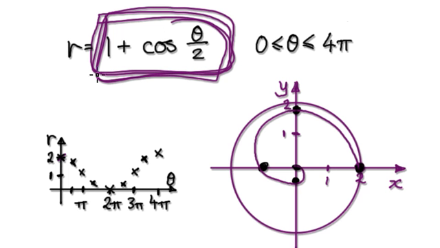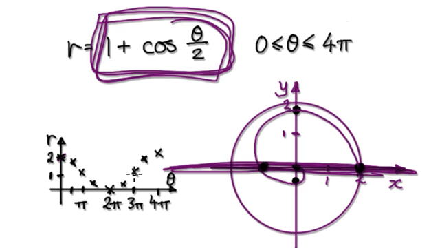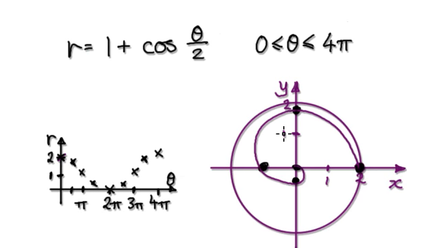So whenever you have something that's even, when it comes to polar form, it will be a reflection along the polar axis, along here. That's why our graph looks symmetrical along the polar axis.